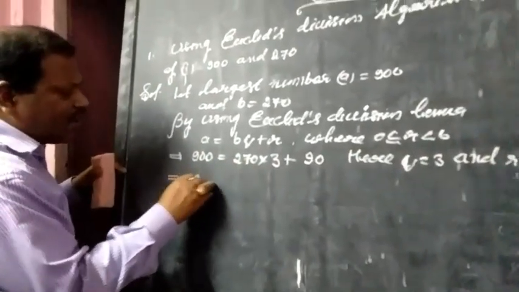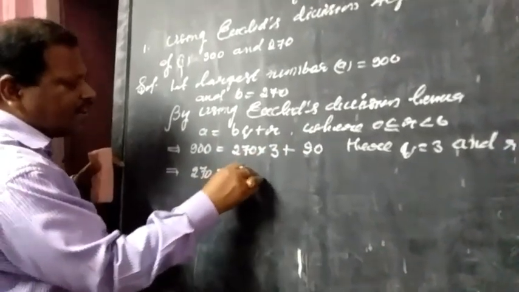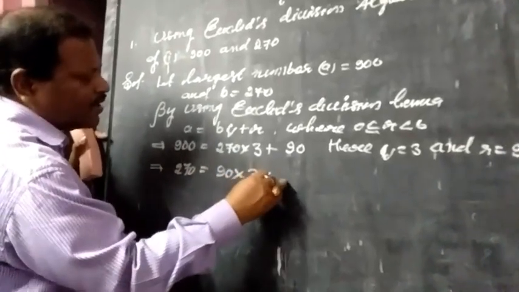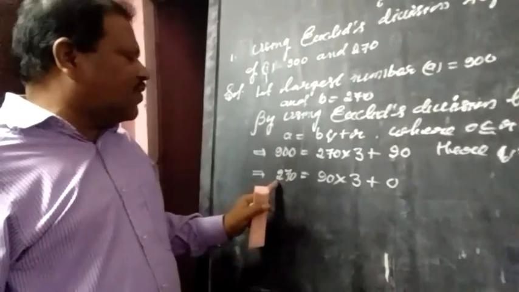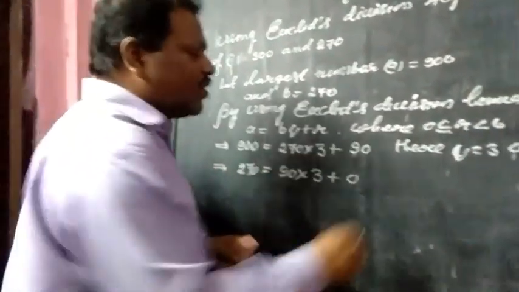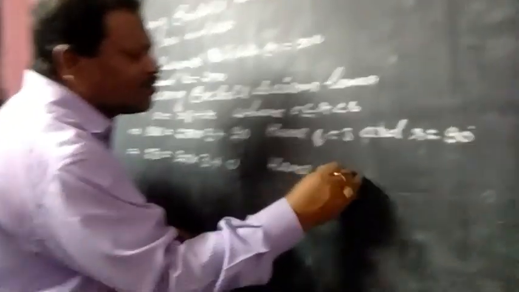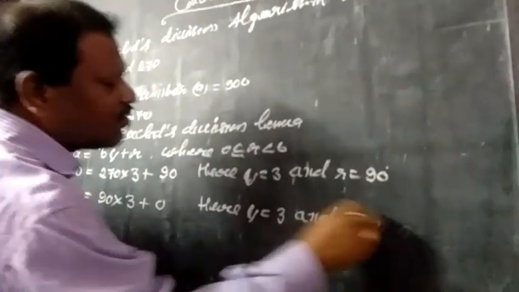Next again, 270 is equal to 90 times how many? 3. 90 threes are 270, plus 0. So 270 minus 270 equals 0. The remainder is 0. Here Q is equal to 3 and R is equal to 0.